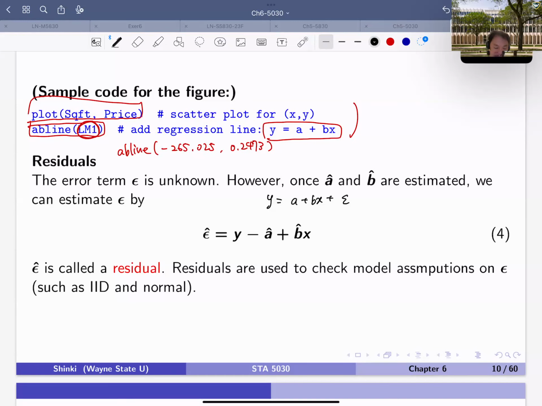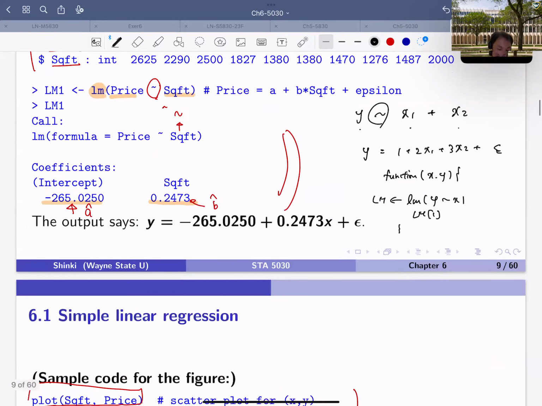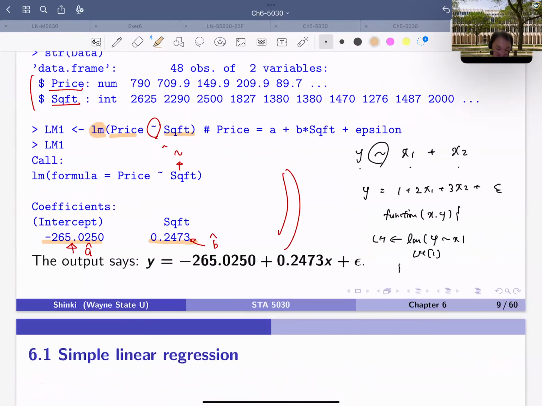To be more specific, something like price tilde square foot determines the model, and we estimate this model with the lm function. So if you just type y tilde x in your R session, R only recognizes the model but does nothing. That's the fact.